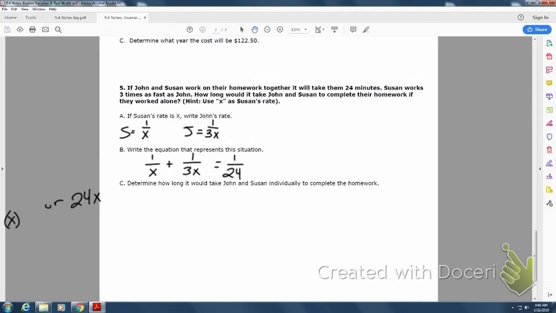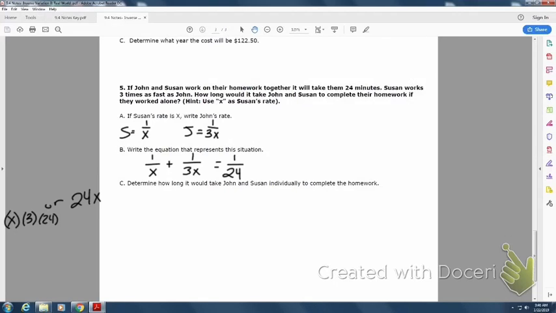You can. You'll still get the right answer. But if I already got x once, then I would do it like that. Okay? So, up here, I'm gonna work through it using 24x. If you like doing it like this, then do it like that.